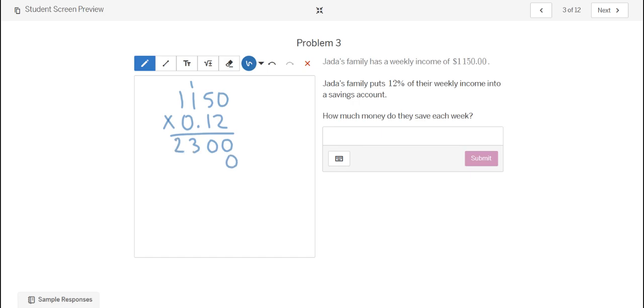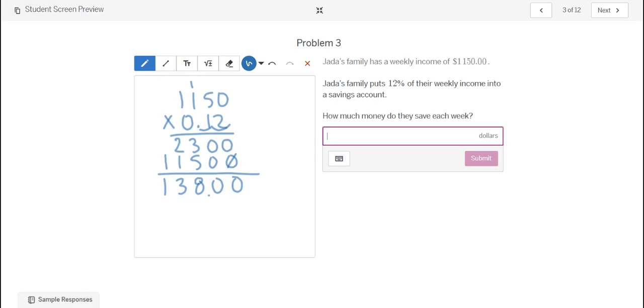And then I'm going to put a placeholder, and then I got 1150, 00831. Two decimal places, that'd be $138. And I don't need the decimal on that one.